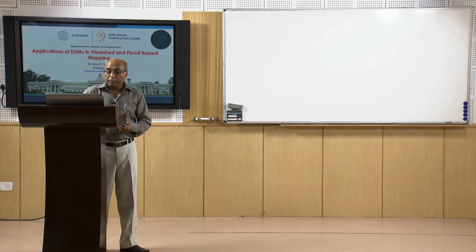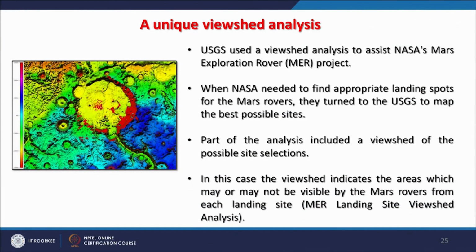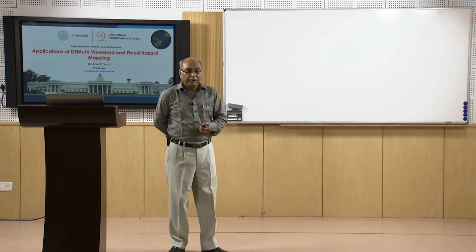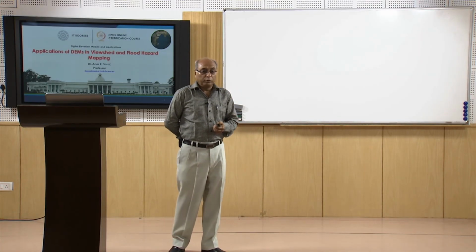Basically, the USGS maps of Mars, and part of the analysis included a Viewshed of possible site selections, and in this case the Viewshed indicates the areas which may not be visible for Mars rovers from each landing site. So different sites were evaluated, and the most appropriate site was finally selected for landing of this Mars Explorer rover.